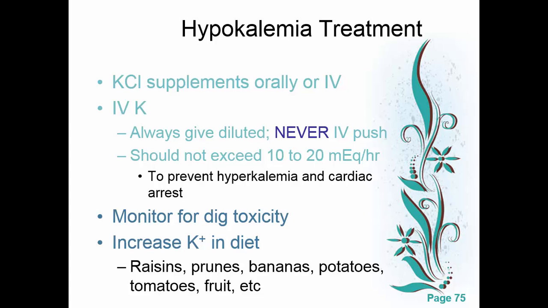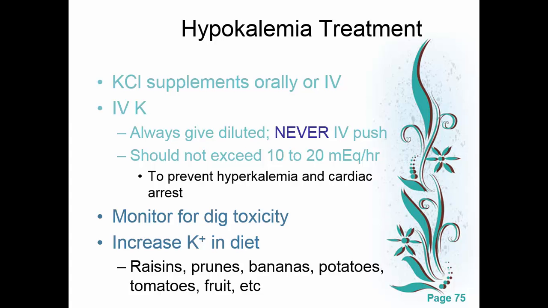Your IV potassium may cause pain at the area in which the vein is administered, so you want to monitor for any signs of phlebitis or infiltration. Potassium is very irritating to the veins. You have to have continuous cardiovascular monitoring if more than 40 milliequivalents per liter IV are given.